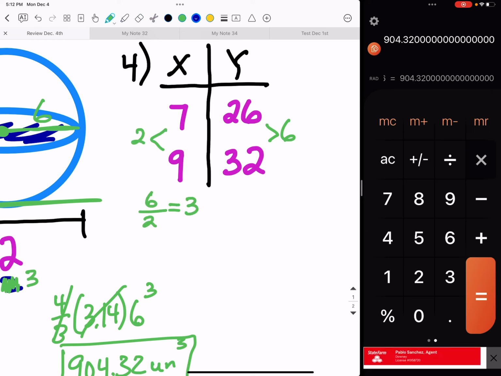Over here, number 5. Is this still the right one? What just happened? Where did this go? Wait a second. What just happened? Okay.